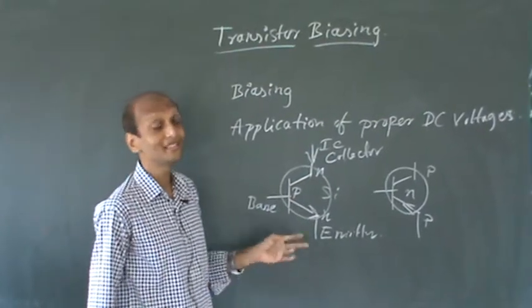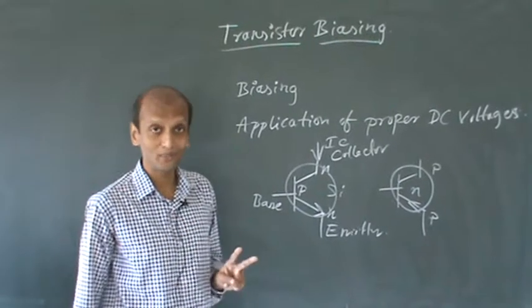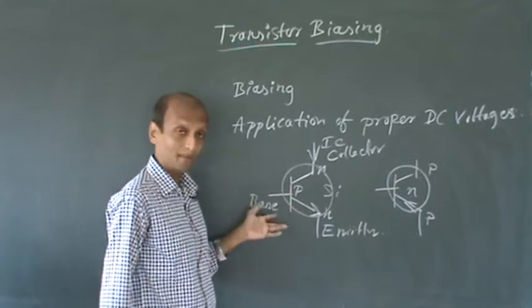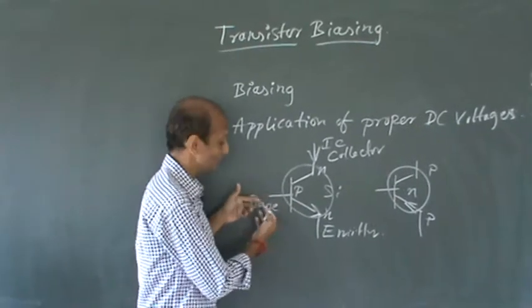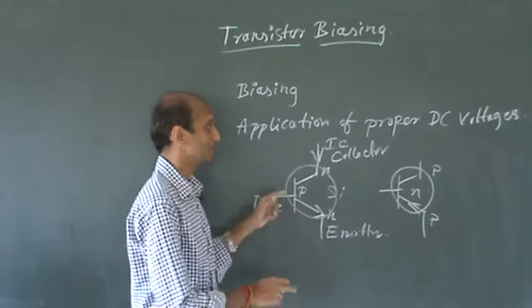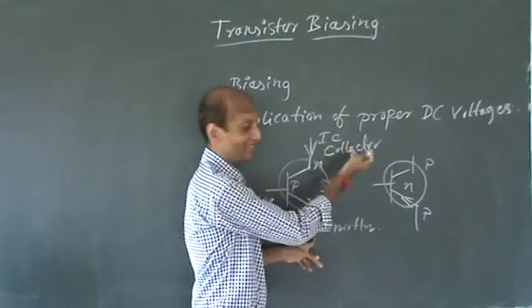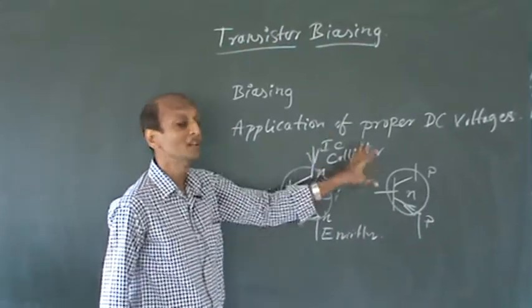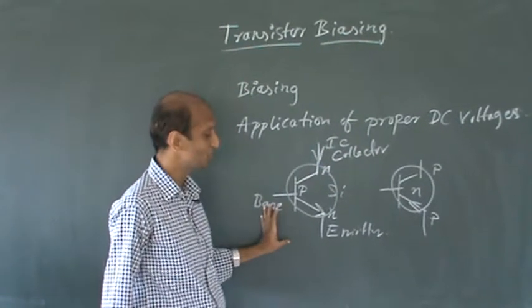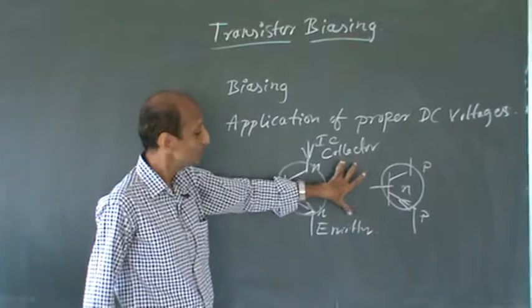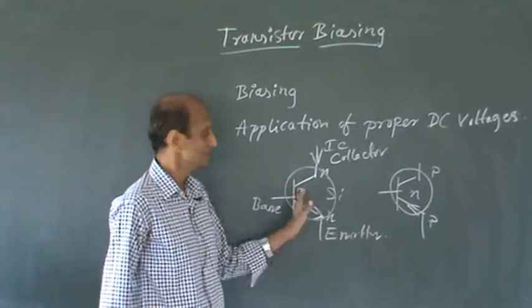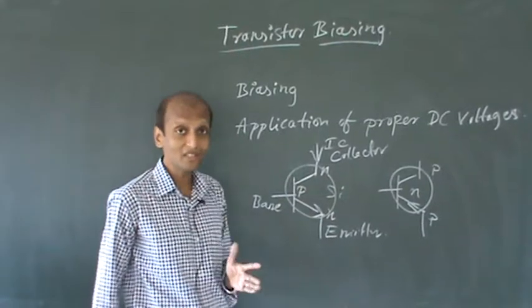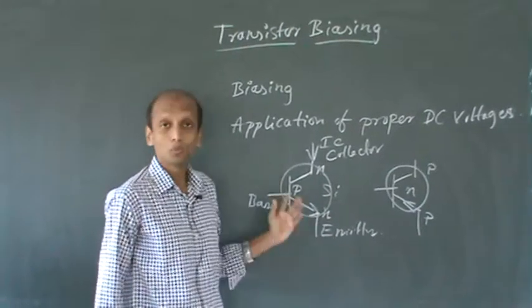For a transistor which has three terminals, we need at least two bias voltages. One is applied to the base to emitter terminals, and the other to the output side, that is collector to emitter. Proper application of bias voltages across the base to emitter terminal and the collector to emitter terminal is very important to make your transistor work as you want.